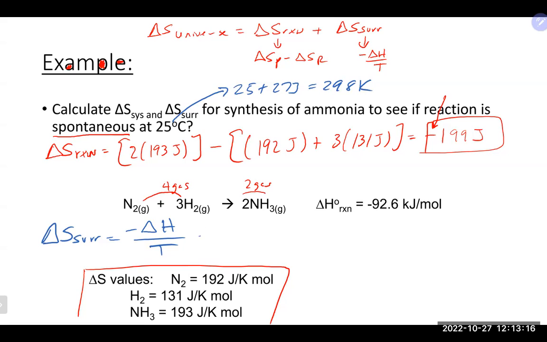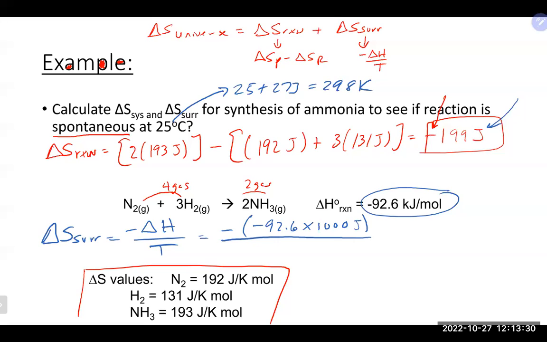Now, here we're going to go minus our delta H, which was given to us here. Negative 92.6 times 1,000. The reason I am doing this is to get it into joules, because this guy's in joules and I'm going to have to add them together. So eventually that's why I'm doing it. You don't necessarily have to do that at this point, but that is basically why I did that there.